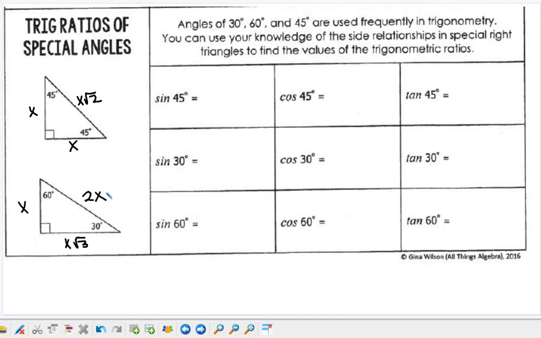Okay? So if we want to know sine of 45, you can pick either 45. Remember, SOHCAHTOA is like your lifeline with right triangles. SOHCAHTOA says sine is opposite over hypotenuse, so x over x square root of 2, which reduces to 1 over square root of 2, which rationalizes to square root of 2 over 2.